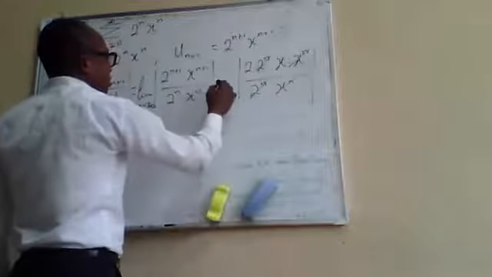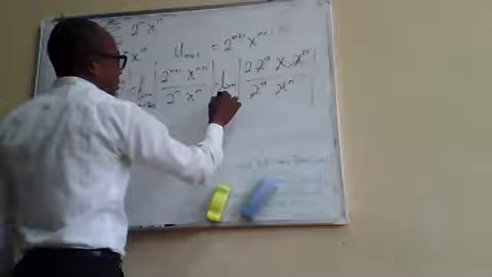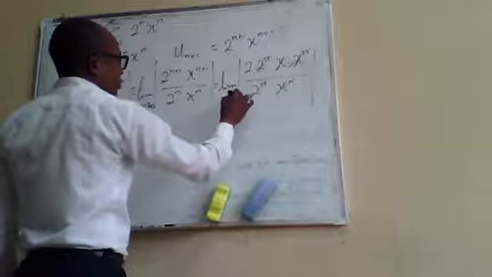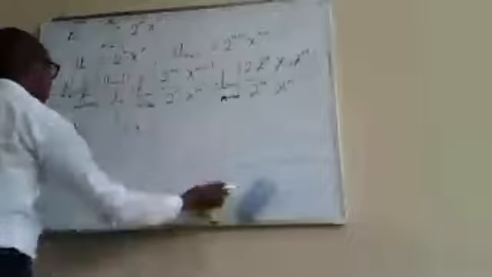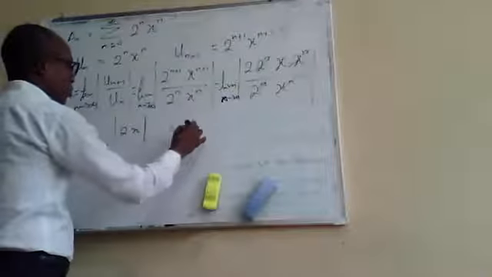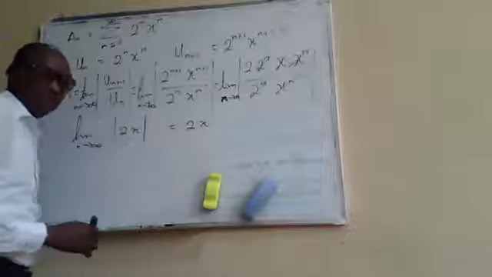So this is the limit as n tends to infinity of 2s. If you look at this, there is no n here, so that shows that this is equal to 2s.